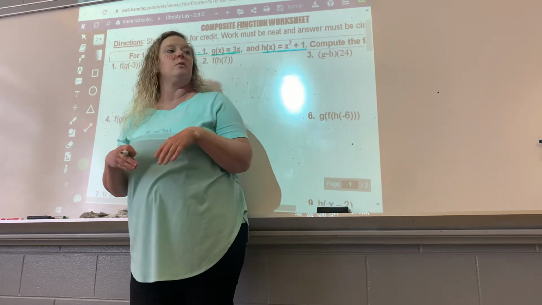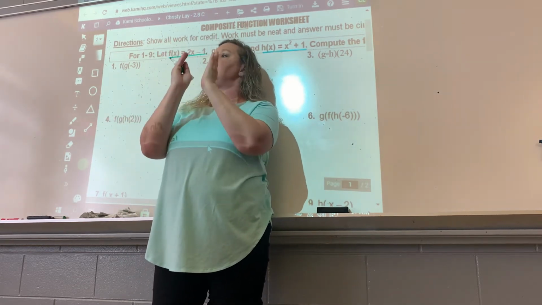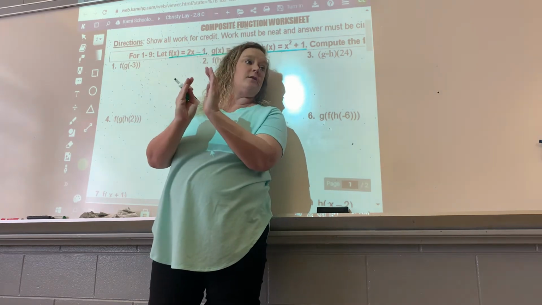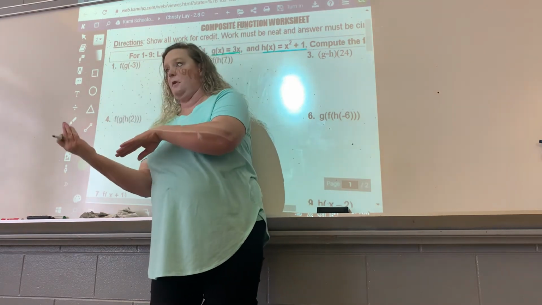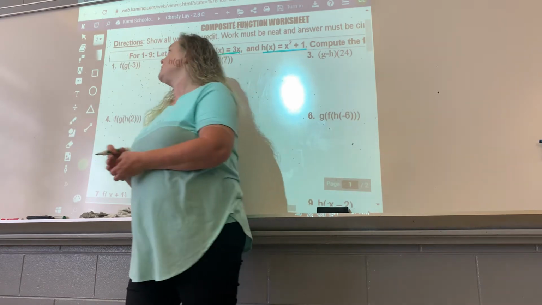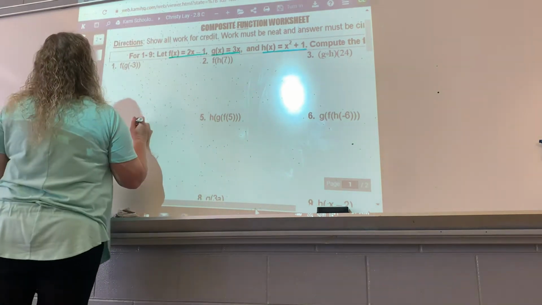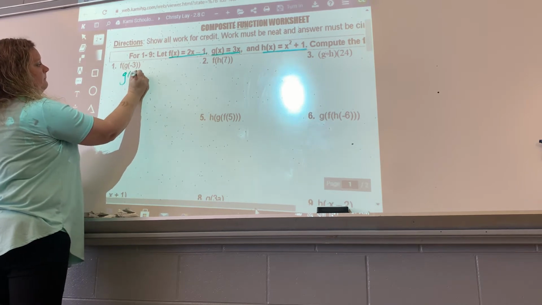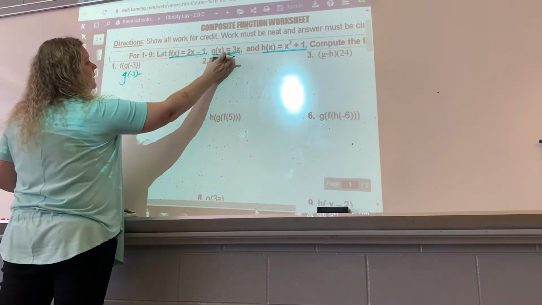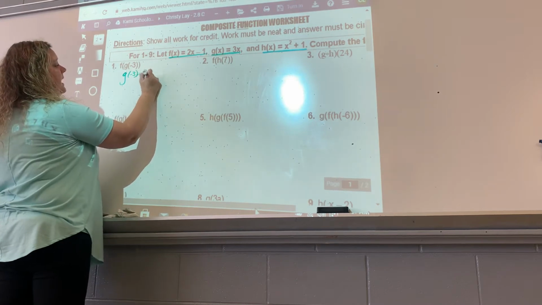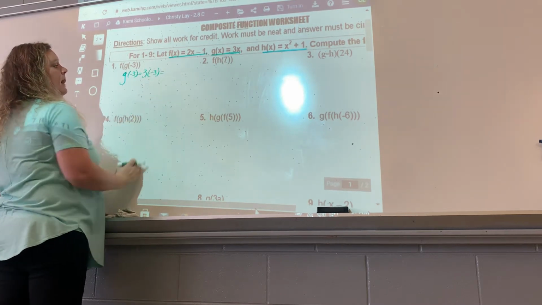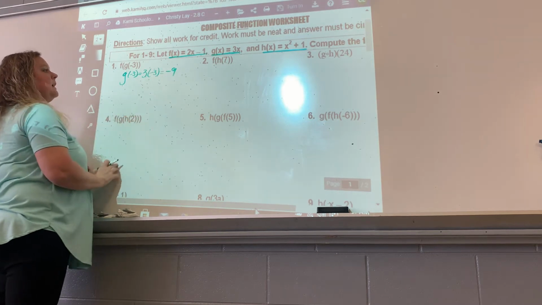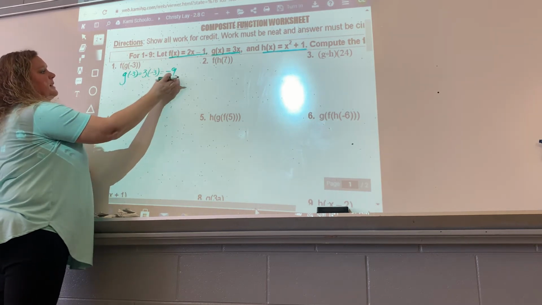So for question number 1, I'm going to go to the g equation and plug in -3 and get an answer. Then I'm going to take that answer and plug it into the f equation. So f of g of -3. Okay, so I'm going to do g of -3 first. So go to g and plug in -3. So what is 3 times -3? -9. So now g of -3 is actually -9.